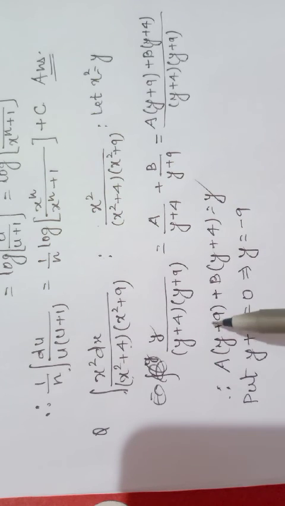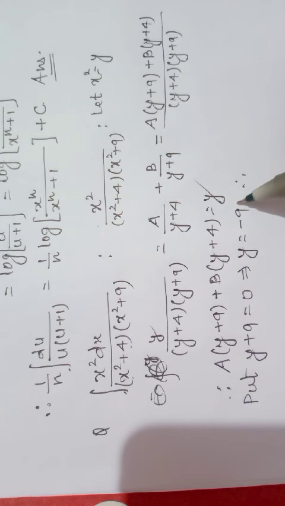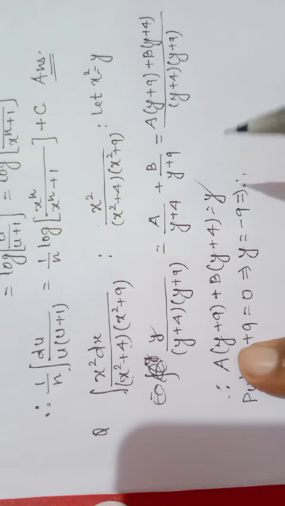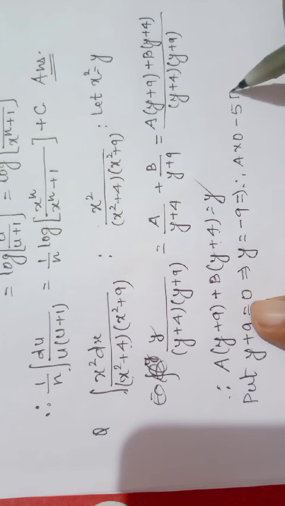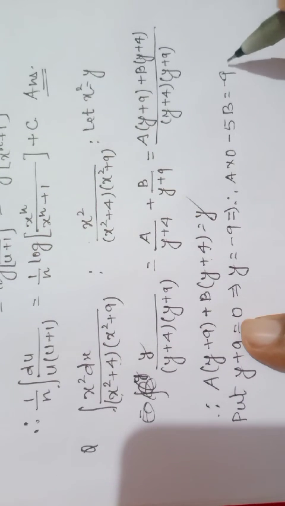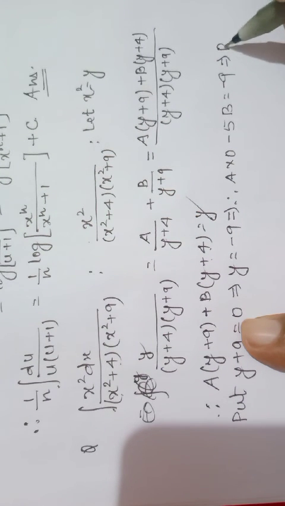Then it becomes a into 0 plus b into minus 9 plus 4, that is minus 5b equals minus 9, and hence b equals 9 by 5. Both negative signs cancel.